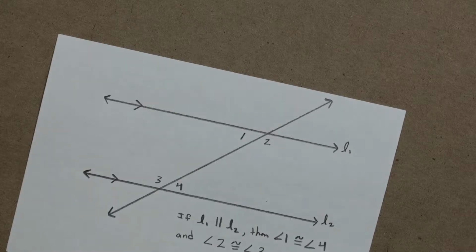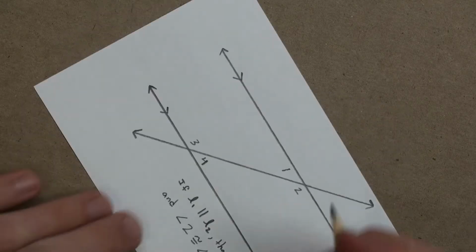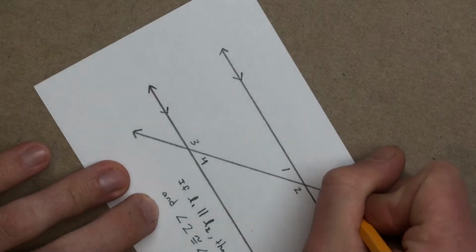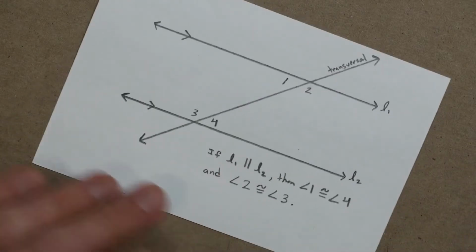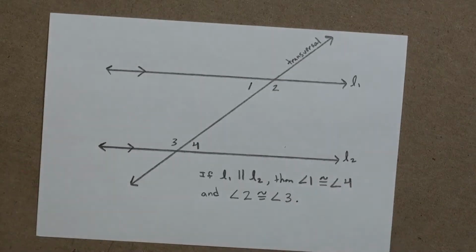Okay? And this is the transversal. Alright, so that's card 82.